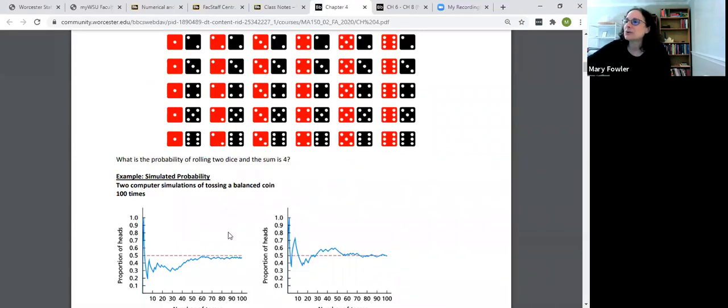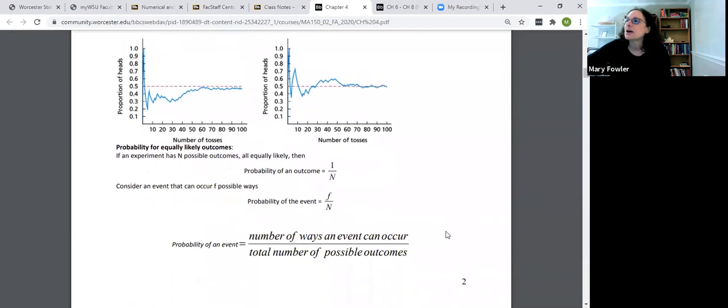You can see that what happens as we simulate is that it's kind of variable initially, but then it settles in to its long run average of 0.5. And it could look different, but they have the same long run averages.